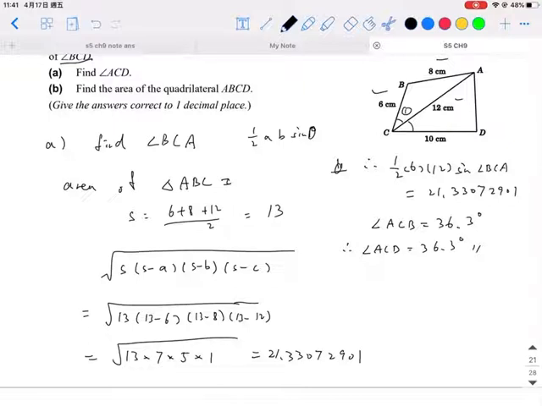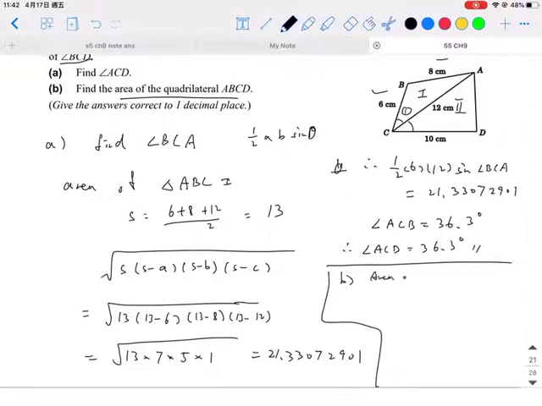So we finished the first part. And for the second part, find the area of ABCD. So we finished the first one, the area of ABC. We need to find the area of the other triangle. Okay, so for part B, the area of ACD. As we know the angle of ACD, it's easy to apply the sine formula: 1/2 times 10 times 12 times sine 36.3 degrees.